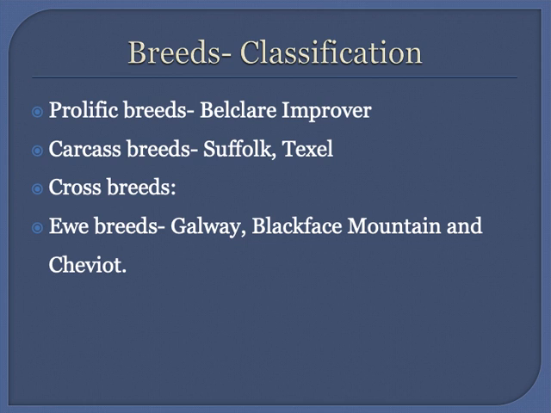Right, classification then of the breeds. Some of your breeds would be known as prolific, meaning that they tend to have multiple offspring. An example of that would be your Belclare Improver, which we'll be doing a little bit about in a later slide. Then carcass breeds, or terminal breeds if you like, would include the Suffolk and the Texel.